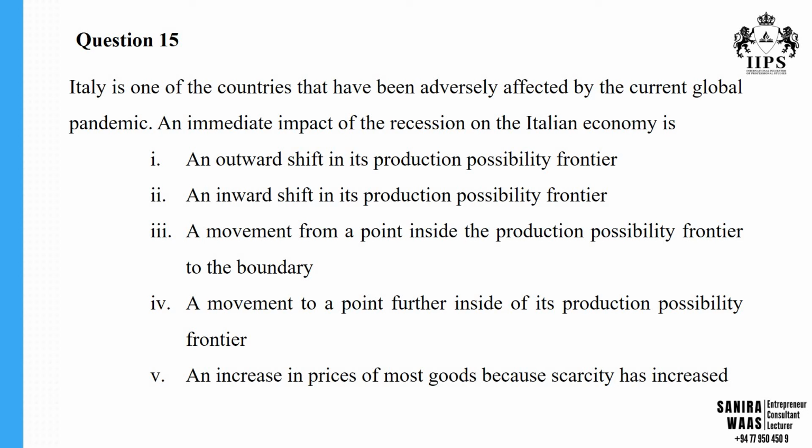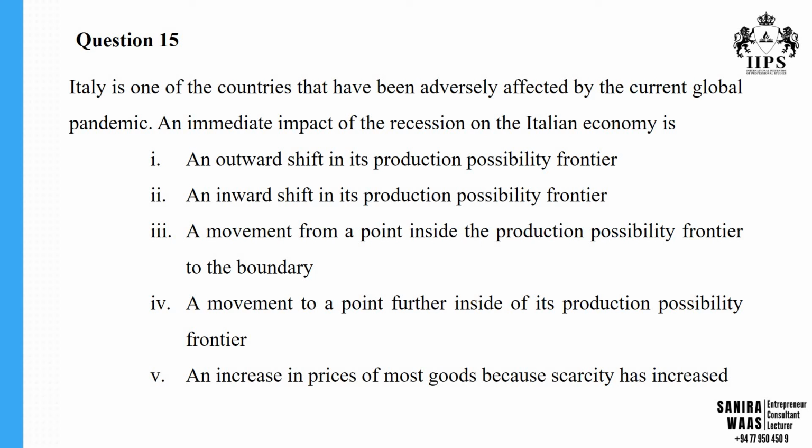An immediate impact of the recession on the Italian economy is, we know it is so unfortunate that the current global pandemic of corona, COVID-19, is hitting every economy impactfully. In such a way, Italy has been one of the countries significantly adversely affected. The question asks, what is the immediate impact and how do you record that in a production possibility frontier?